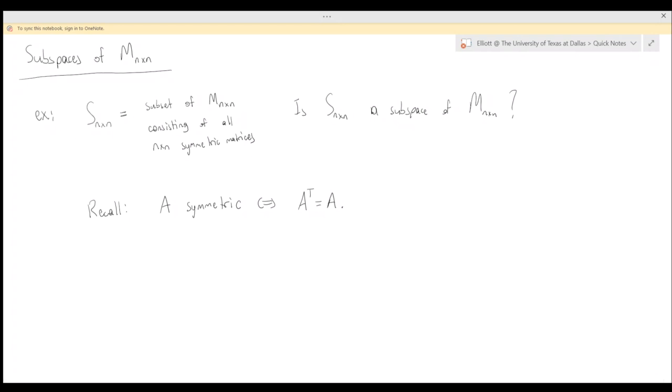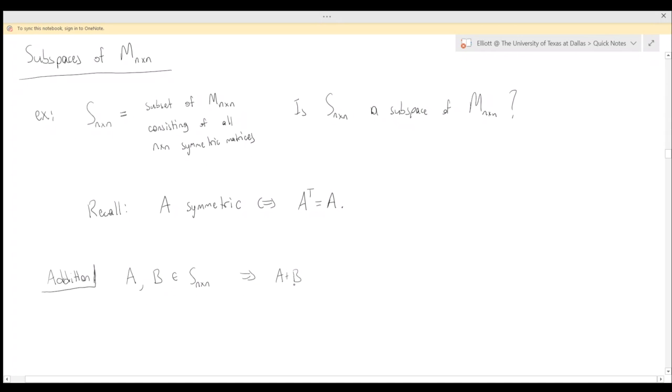So let's check the closure under addition right now. How does closure under addition work? Let's recall. It says if I have two elements of my set, then their sum should also be in the set.